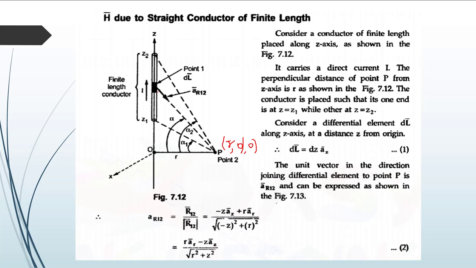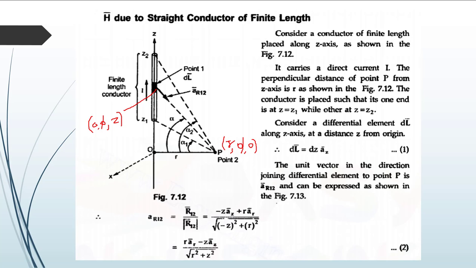And if I consider the coordinates of this point, then R is 0 because it is exactly on the z axis, and phi we will keep as phi, comma z is equal to z.